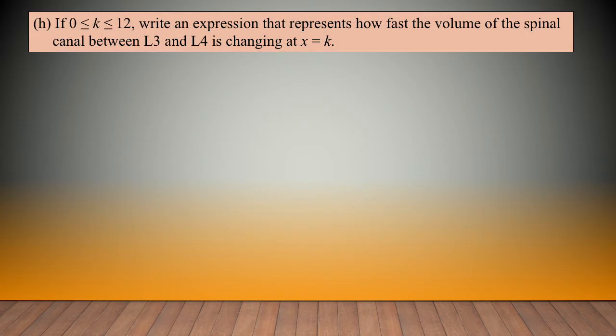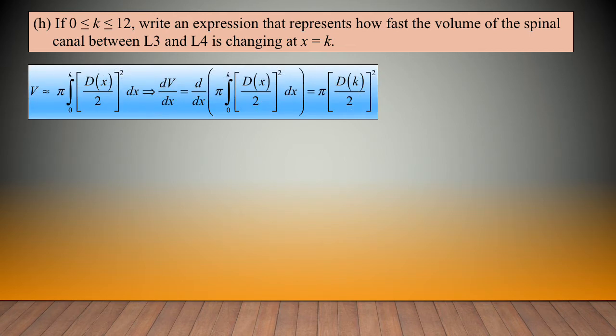Part H reads, if k is between 0 and 12, write an expression that represents how fast the volume of the spinal canal between L3 and L4 is changing at x is equal to k. We start by writing the volume as pi times the integral from 0 to k of (d of x over 2) squared dx. The lower limit could be 0 or any other constant.